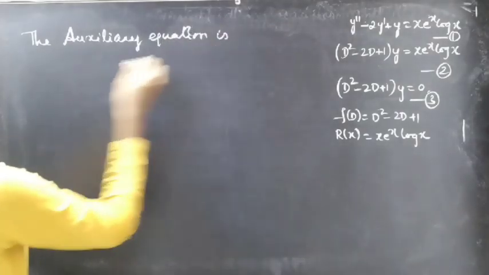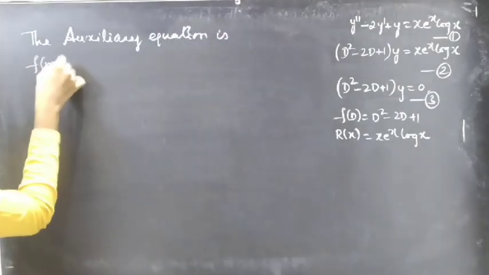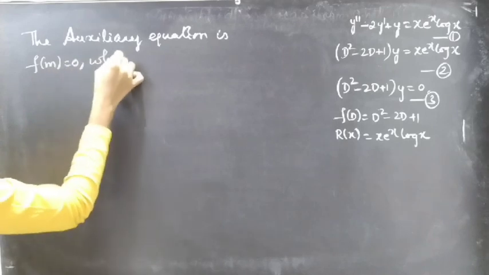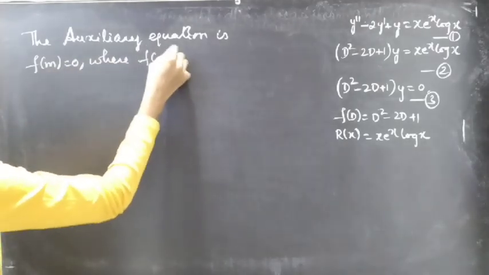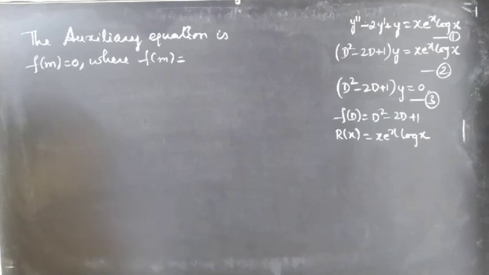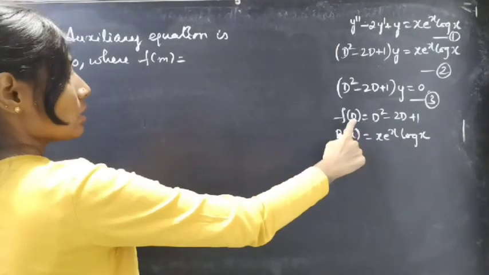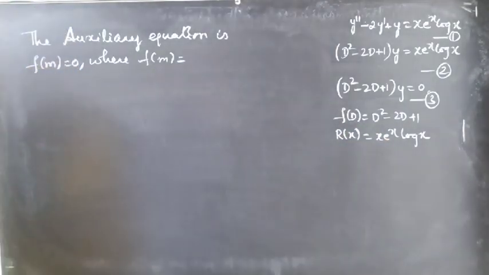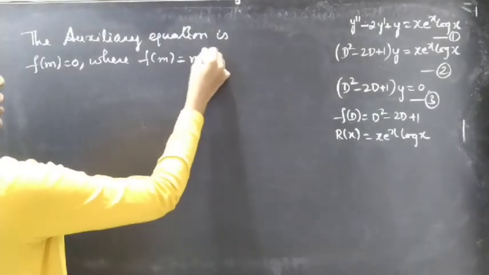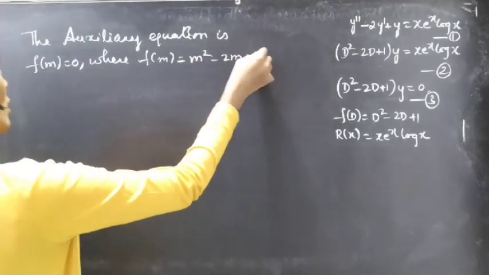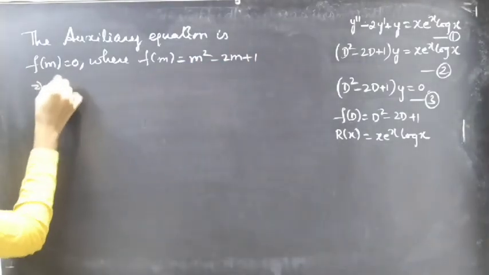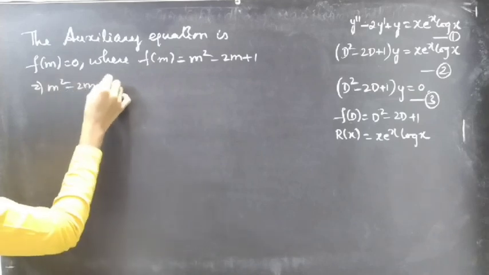The auxiliary equation is f of m equal to 0, where we have f of D as D square minus 2D plus 1, right? Let's replace the differential operator D by m, so that we get f of m equal to m square minus 2m plus 1. Now the auxiliary equation becomes m square minus 2m plus 1 equal to 0.